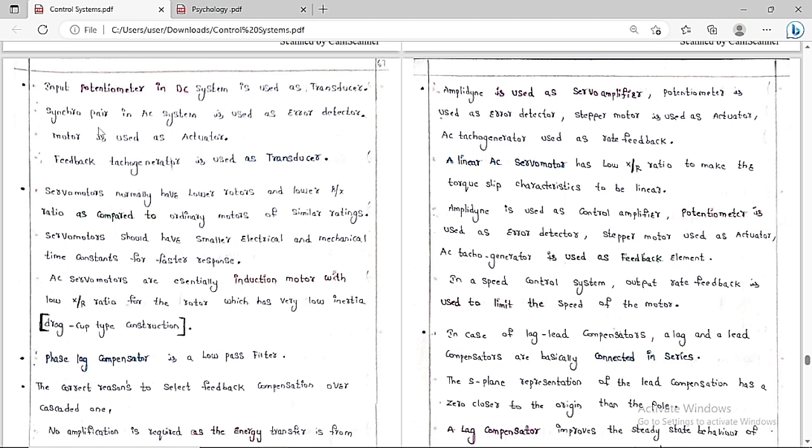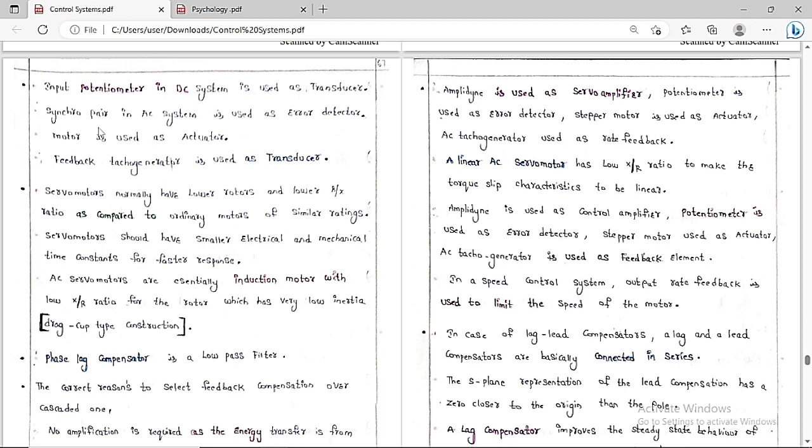So it is a transducer. Therefore, the input potentiometer in the case of a DC system is used as a transducer, whereas the synchro pair in the AC system is used as the error detector. Similarly, the motor is used as the actuator, whereas the feedback type of generator is used as the transducer.